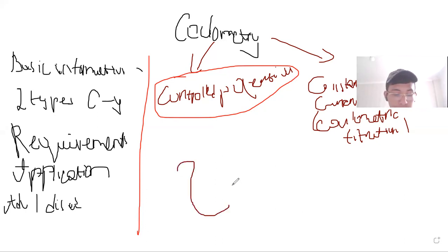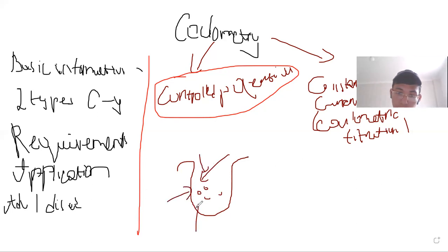What does coulometry mean? Coulometry is an electrolytic method of analysis that is based on measuring the number of electrons used in a chemical reaction.